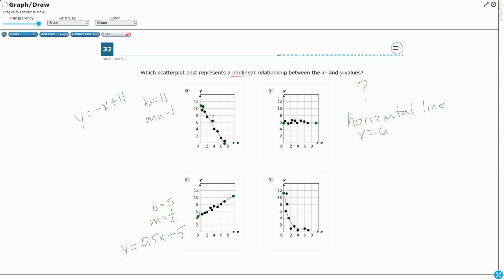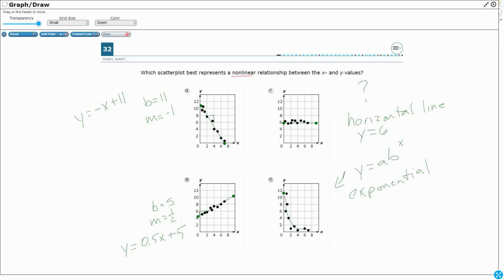The form here is y equals a times b, and then you actually have the x value as the exponent. And so this is going to be an exponential, and you'll spend a lot of time with that in Algebra 1. So that's going to be D.